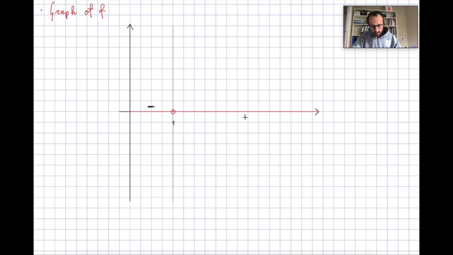And the limits are minus infinity in 0, so I have this, minus infinity in 1 from the left, plus infinity here, and 0 at plus infinity in the x. And now basically I just have to connect these parts of the graph in the most likely way. So the most likely way is the following. Here it is, and here it is.